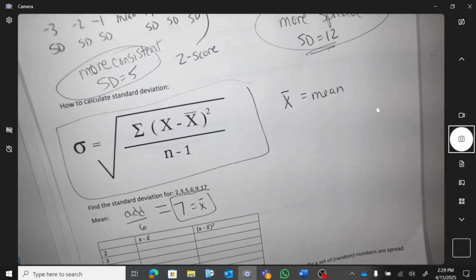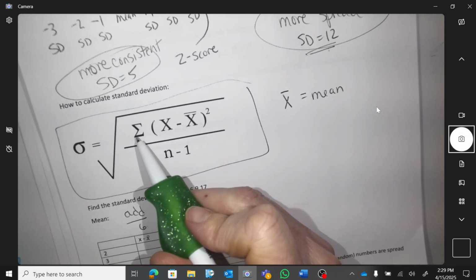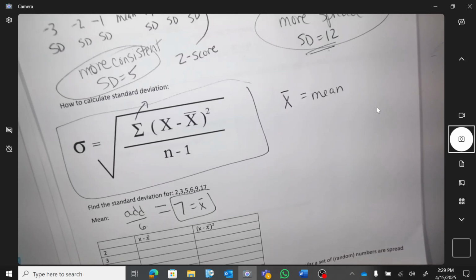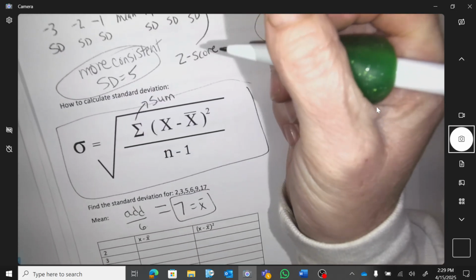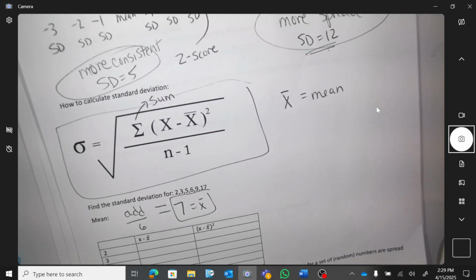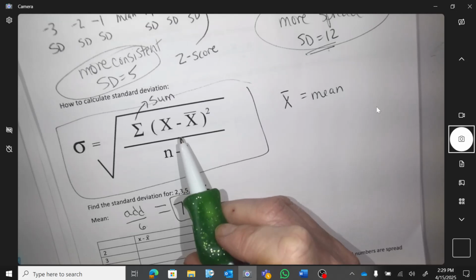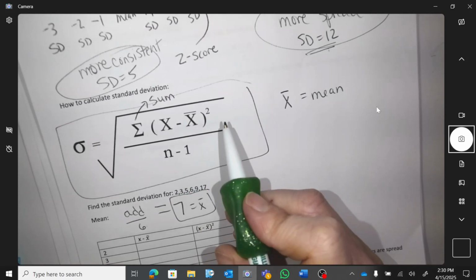So this is what the formula says. Does anybody know what this symbol means? Have you ever seen it before? Sum, the summation. So we have to add a bunch of stuff. What do we have to add? We have to add up all of the values of x minus mean, squared.